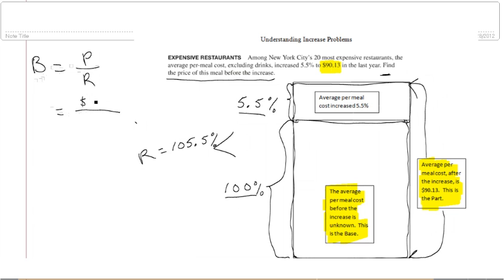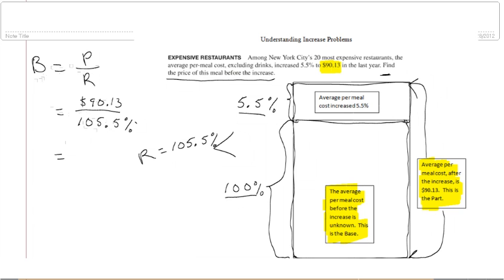So if the part is $90.13 and the rate is 105.5%, then we can use our calculators to determine the average per meal cost before the increase by taking $90.13 and dividing it by 105.5%.